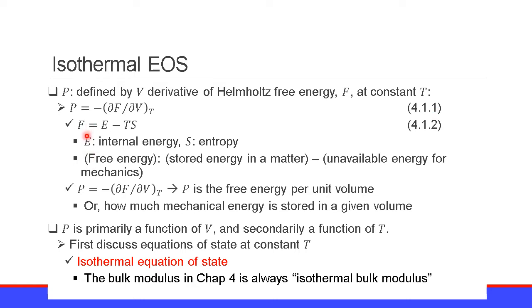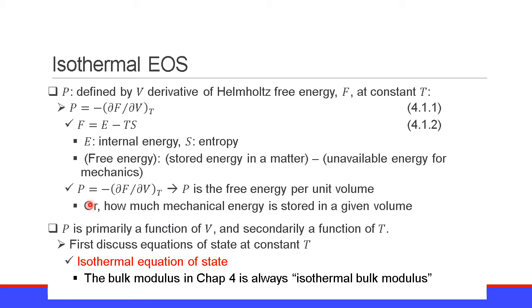The Helmholtz free energy F is defined as the internal energy E minus the temperature T times the entropy S. The meaning of the free energy is the internal energy available for mechanical work. The TS is unavailable energy for mechanics, and E is energy stored in the matter.